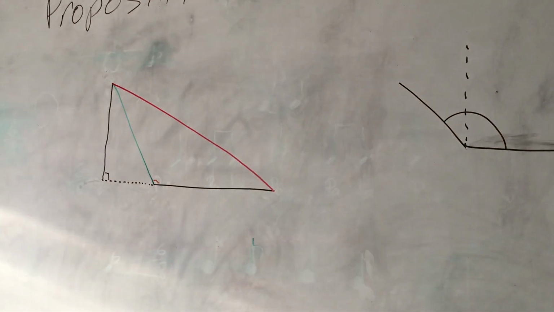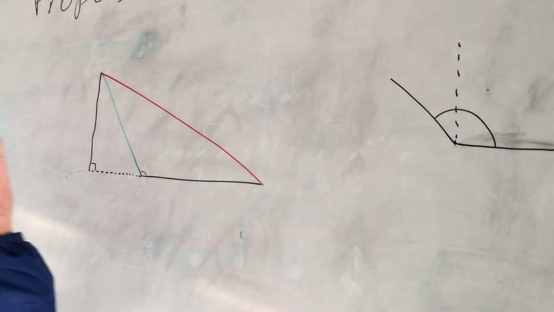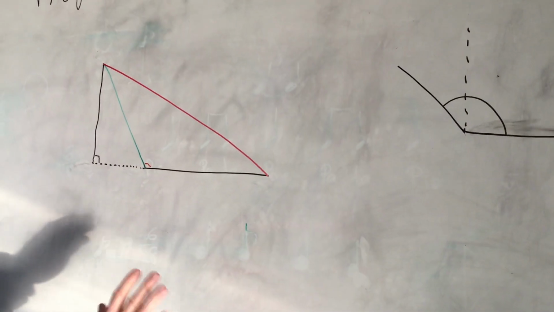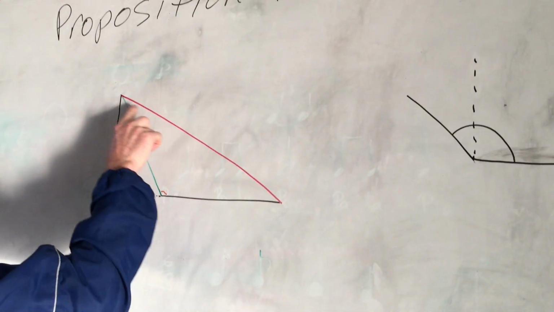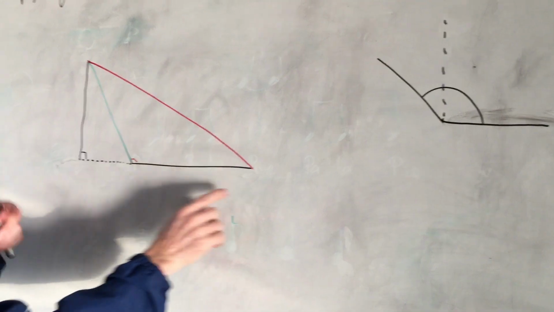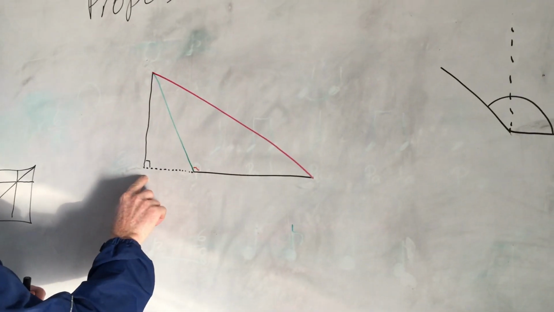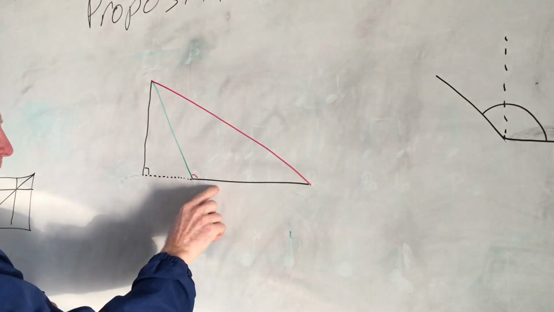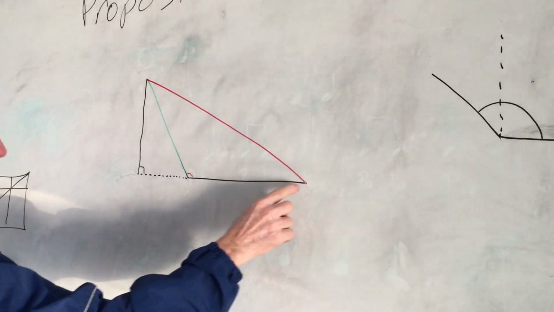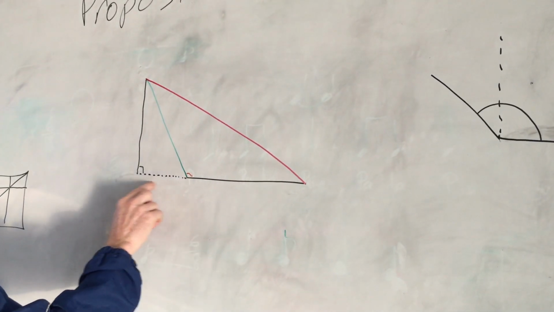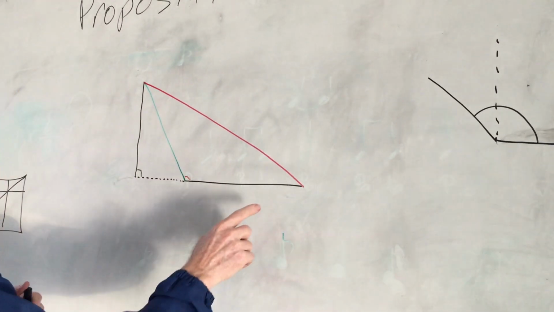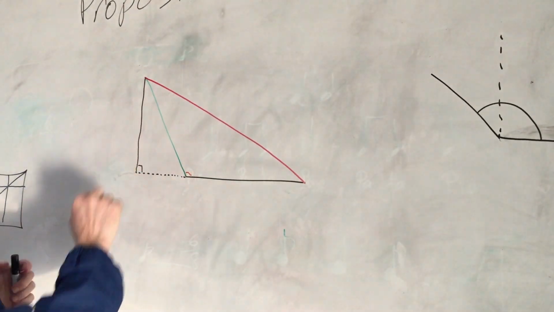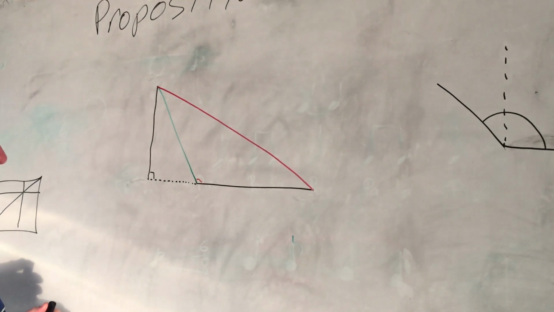There's no way you can really do this if you don't understand that, because the mind needs to hold that as true, otherwise you're not going to get it. So, back to it. The square on this is equal to the square on this plus the square on this plus twice the rectangle contained by this and this. But let's add the square on this to both sides of that equation.